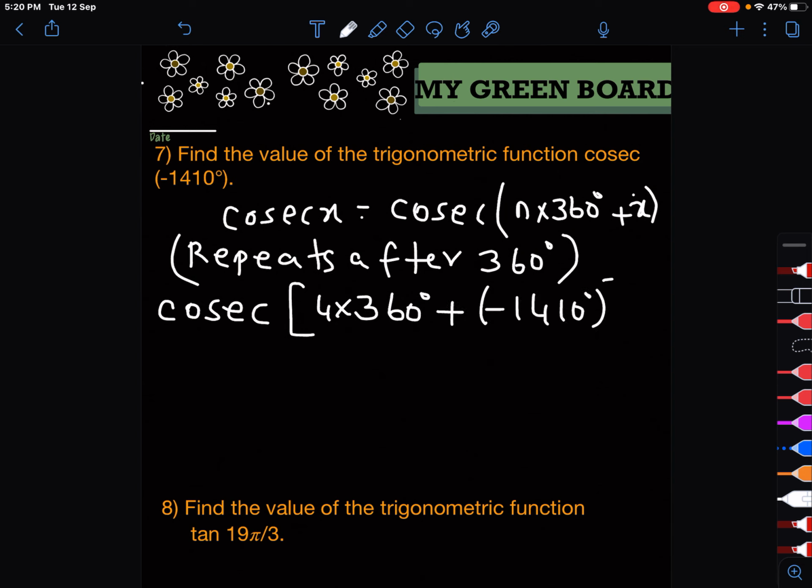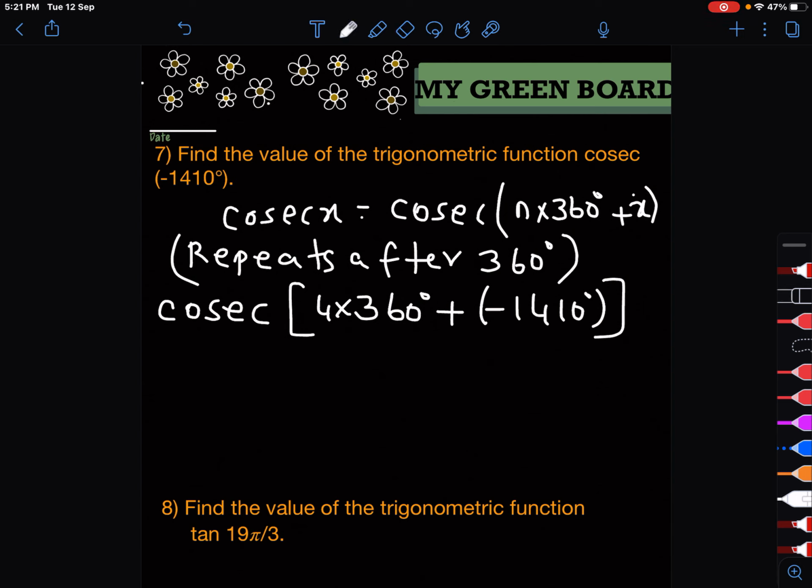That is, we are just subtracting this from the maximum number which we can get to the nearest thing. Okay, so just see, if I take this in a graph, we will be getting 4 times of 360. That is 1, 2, 3 and 4 times of 360.